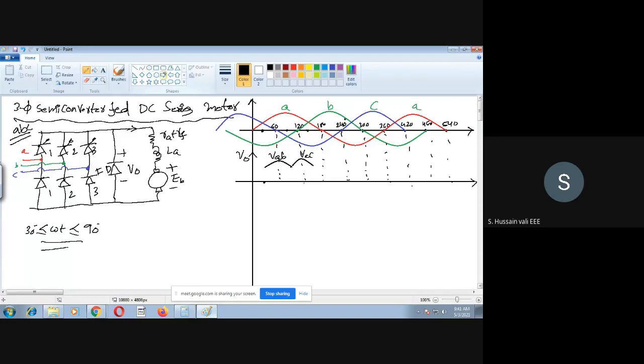Once again from 150 to 210, the highest one is B, whereas the lowest one is C. So VBC.